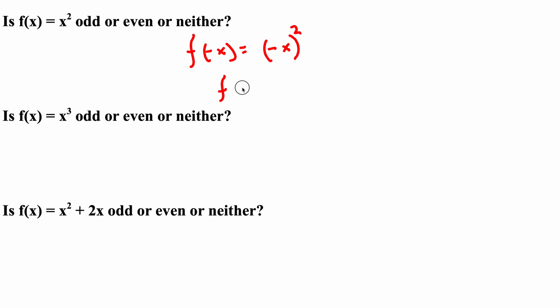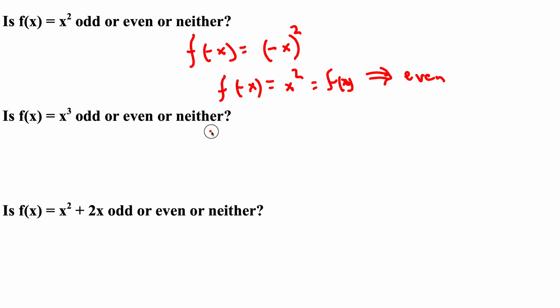This means that f of opposite x, if you simplify that, negative times negative is equal to x squared. So, how does that compare to the original? It is the same. It is equal to f of x, which implies, therefore, that this is even.